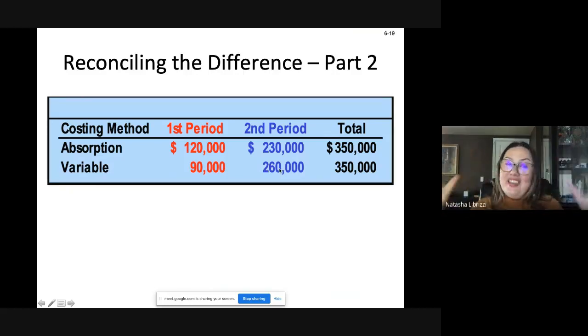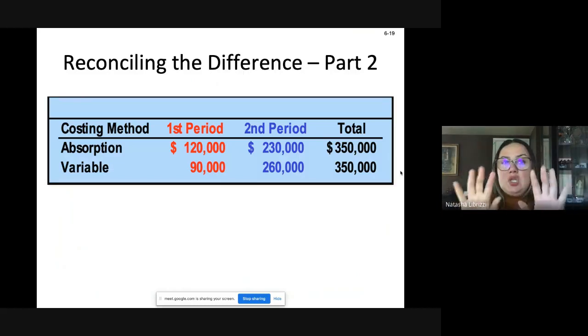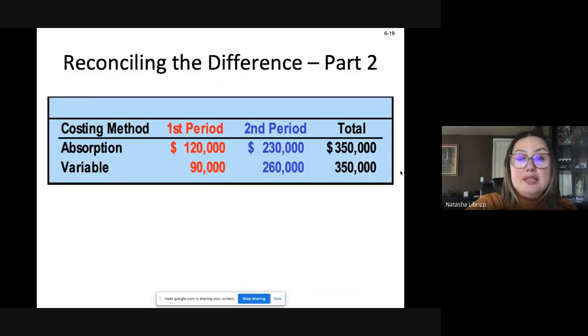Because we had a bigger volume of sales, we end up having a higher net income, and overall the 2 years are the same. This can be shown in this example the way it is only because we're down to 0 inventory. If we were not down to 0 inventory, we still would have reconcilable differences. So that's the difference between variable costing and absorption costing.